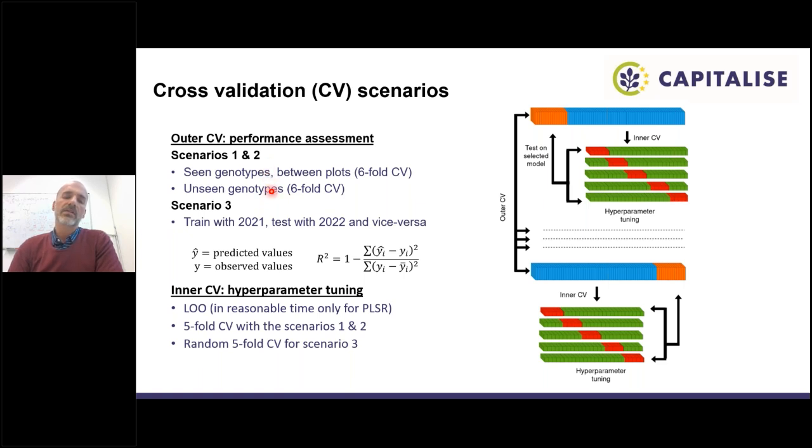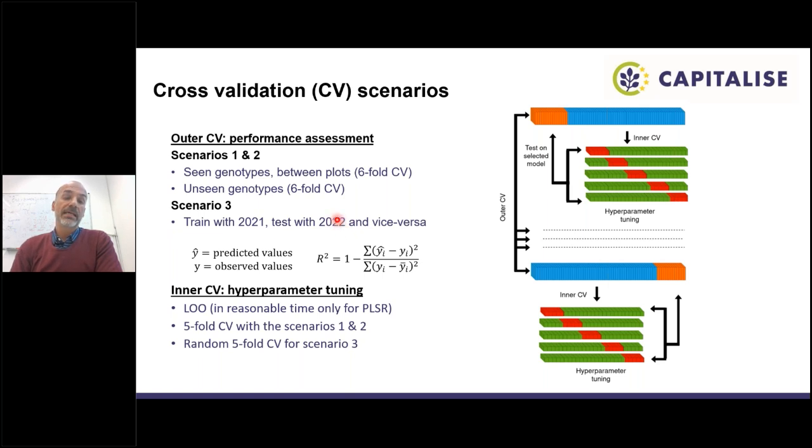And there we distinguish the scenario of predicting seen genotypes by using data from different plots. And then we consider the more difficult scenario of prediction of unseen genotypes. And of course, the most challenging scenario is the one where we train the model on one season and predict the values for the traits measured in another season.